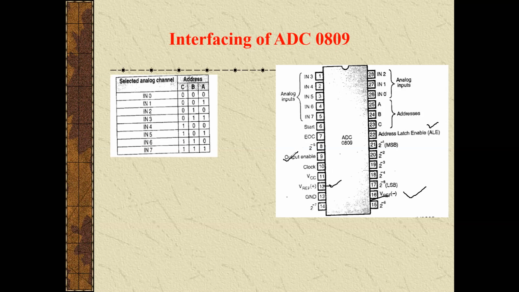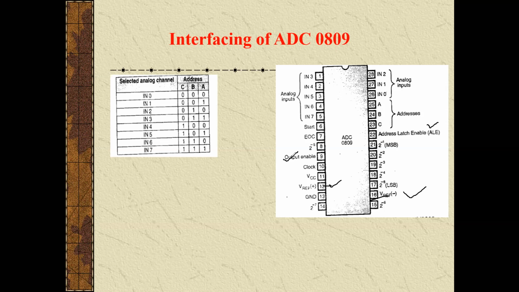These two pins are called address latch enable and output enable. The address latch enable input is useful in enabling the address latch, which stores the address on the lines ABC. The output enable pin, when activated, makes the digital output available on the output pins.